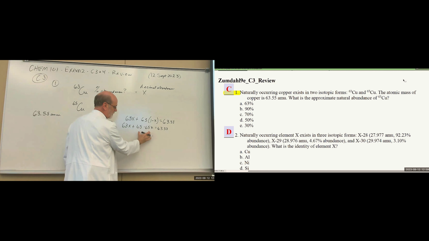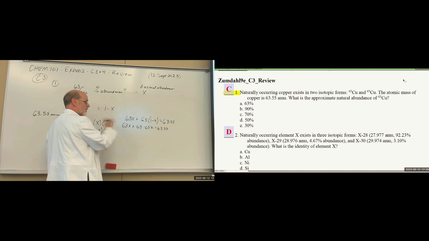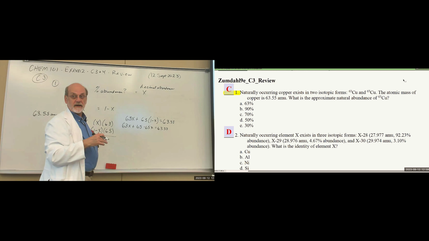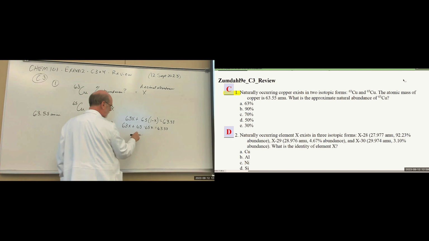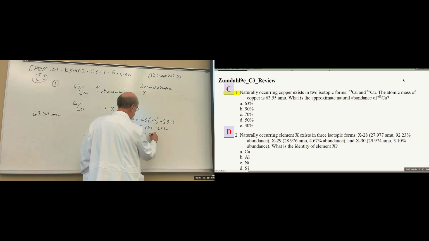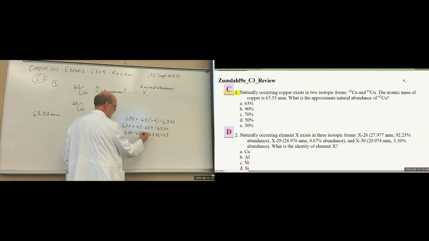That's what this is right here. Okay. Then we want to get all our x's on one side and all our numbers on the other side. So this one's going to go over here. This is going to be 63x minus 65x equals 63.55. I'll just go step by step. Minus 65. The plus on this side is minus on that side. There's our equals.